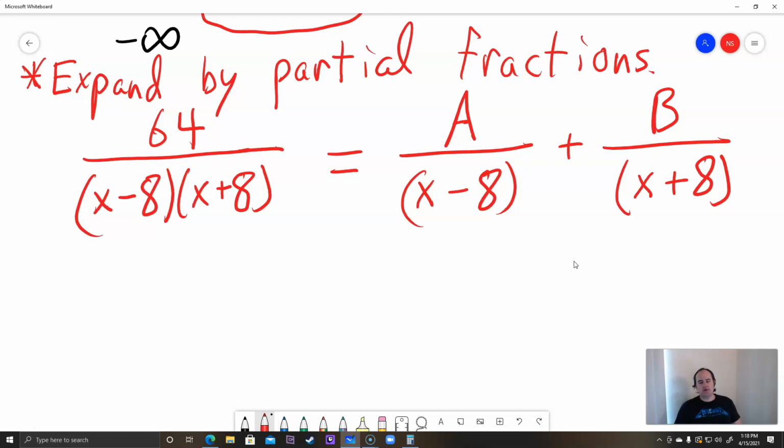Then we want to build all of these to the same denominator. For the first fraction on the right side, I am missing an x plus 8 from the denominator, so I'm going to build this one by multiplying it on the top and the bottom by x plus 8.